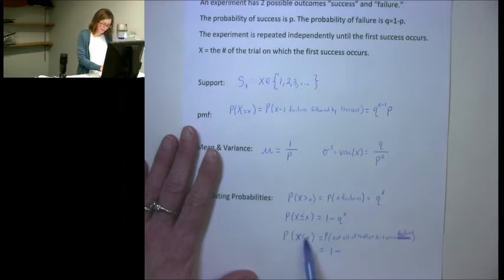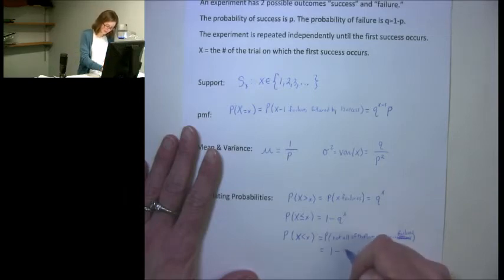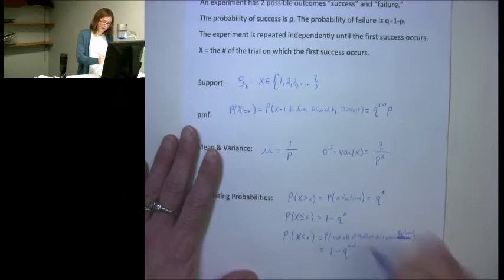Okay, if X is less than little x, then not all of the first x minus 1 were failures. That's right. So it'd be 1 minus the probability of failure to the x minus 1 power, because we didn't have x minus 1 failures.